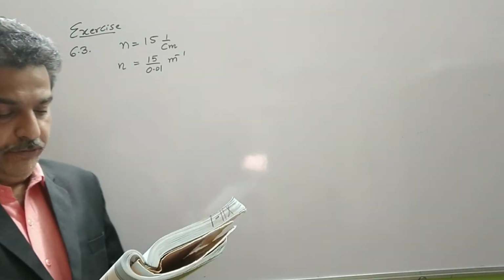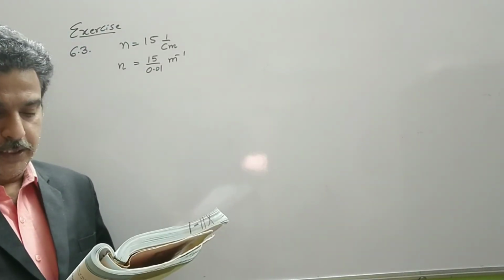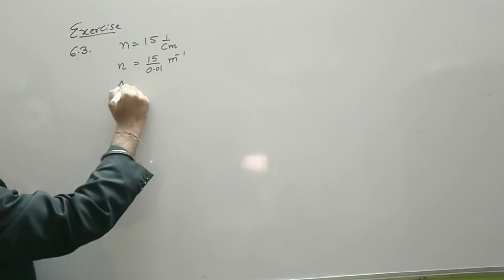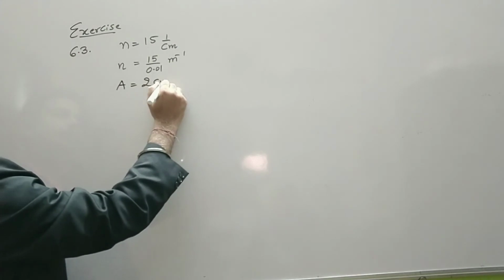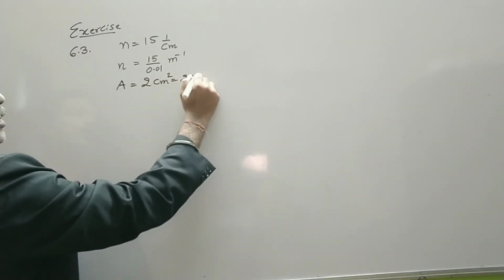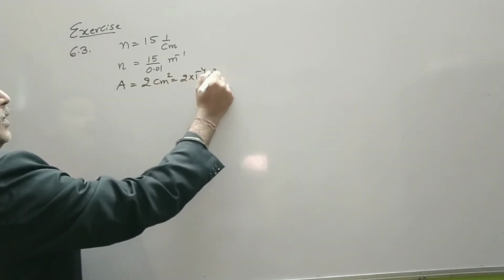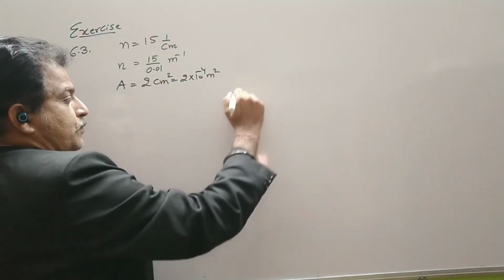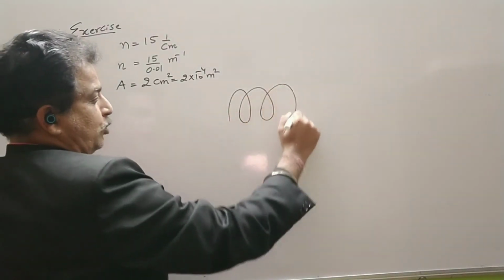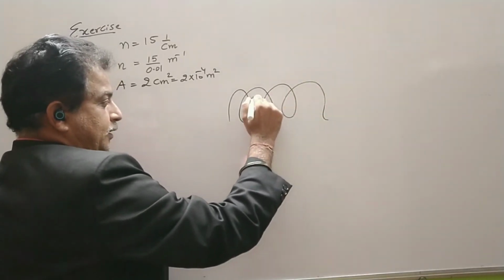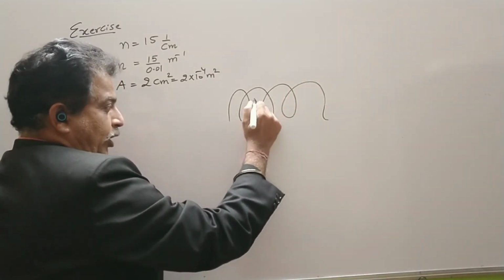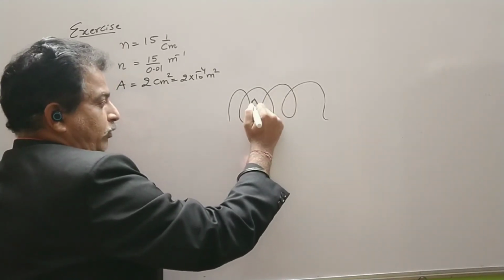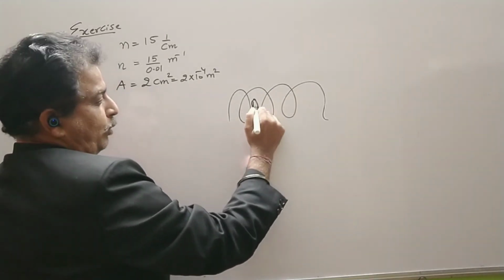A long solenoid with 15 turns per centimeter has a small loop of area 2 centimeter square. So we have a small loop of 2 centimeter square, that is 2 into 10 raised to minus 4 meter square. Let us consider this as the solenoid, and inside this solenoid we have a loop which is placed normal to the axis.